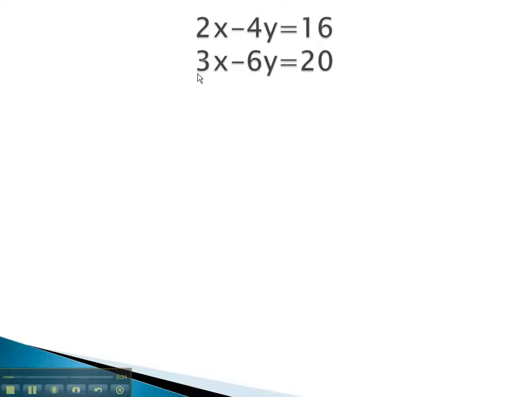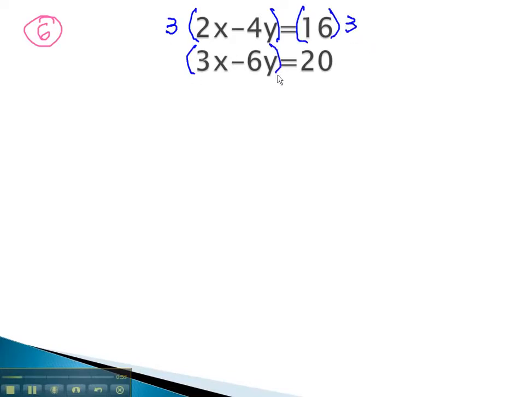In this first problem, let's try and get opposites in front of the x's. Notice the least common multiple of 2 and 3 is 6. This means we want 6x and negative 6x. To get positive 6x, we would have to multiply the first equation by 3 on both sides.